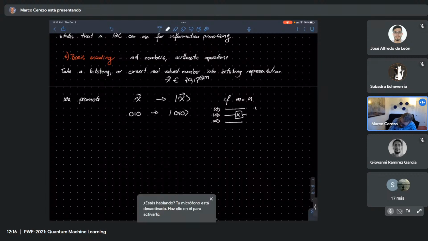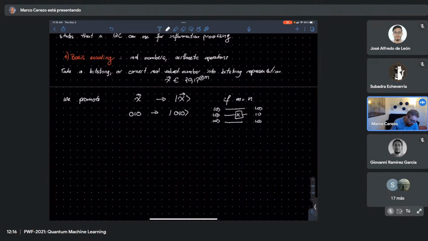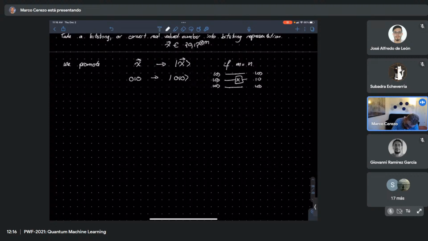So here we know that we get 0, 1, 0, and the tensor product is precisely the state that we wanted to get. So here we can take the whole data set and express it in a superposition.